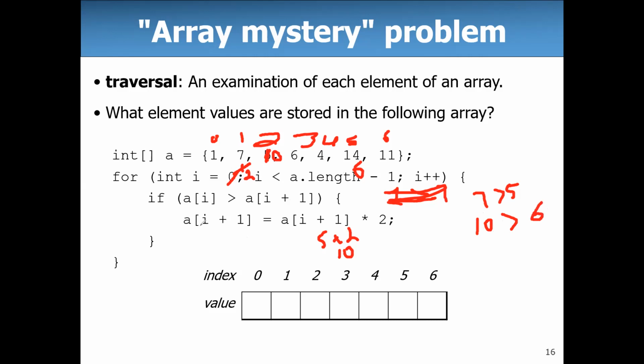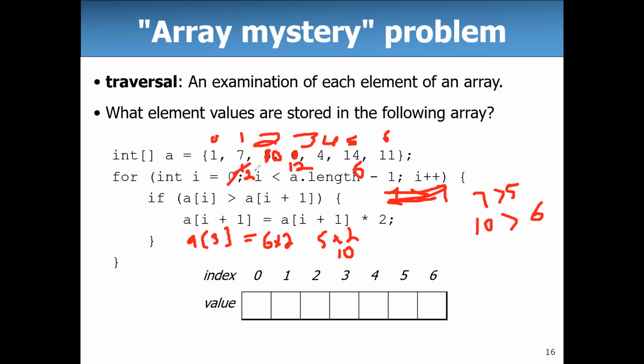Yes, you go inside, and you are updating index 3 with a of i plus 1 times 2. Index 3 is holding 6. 6 times 2 is 12. We will place 12 at index 3, so instead of 6, it will hold 12.